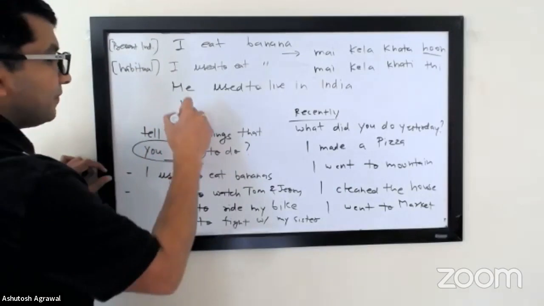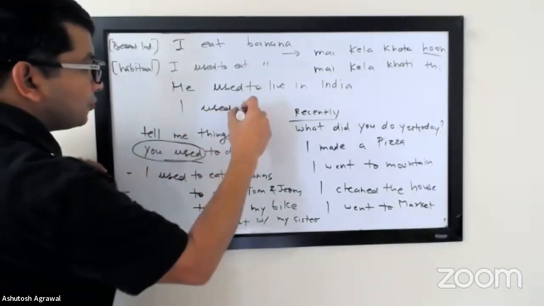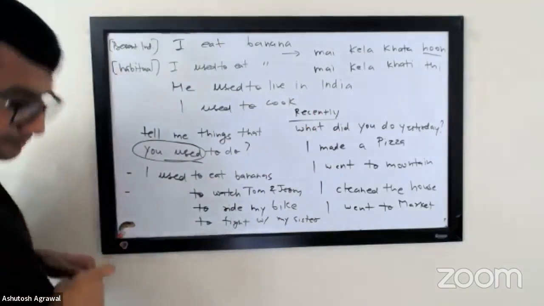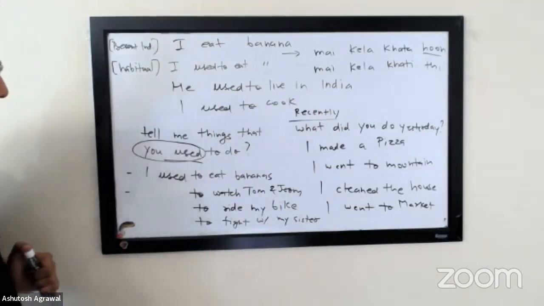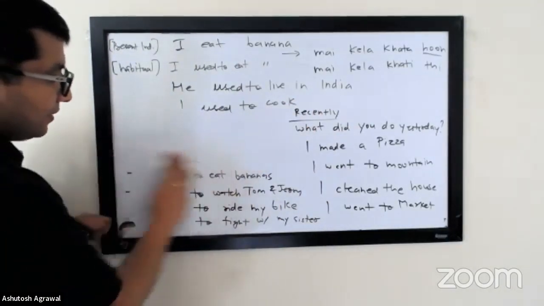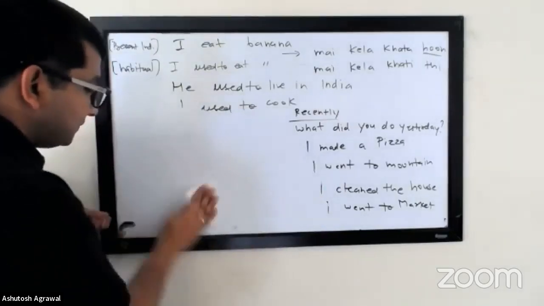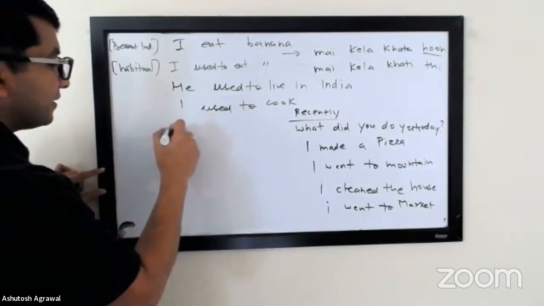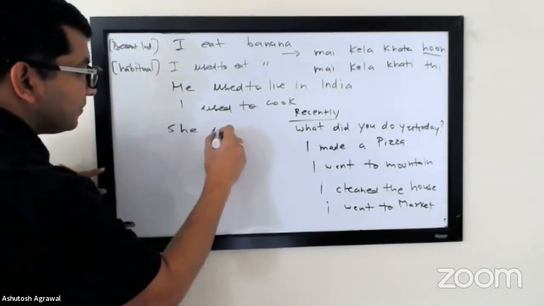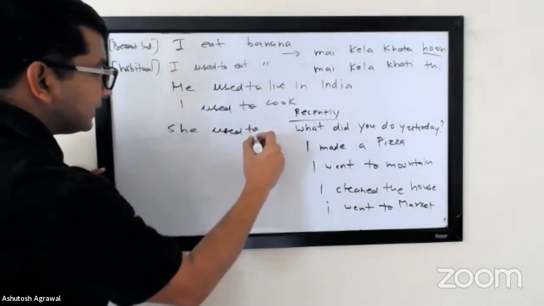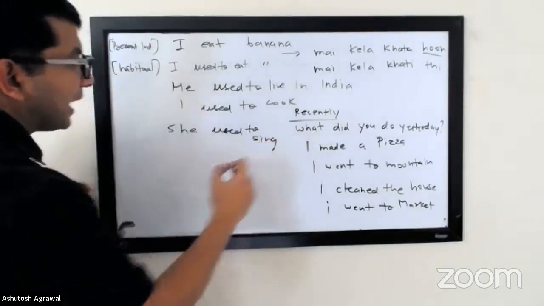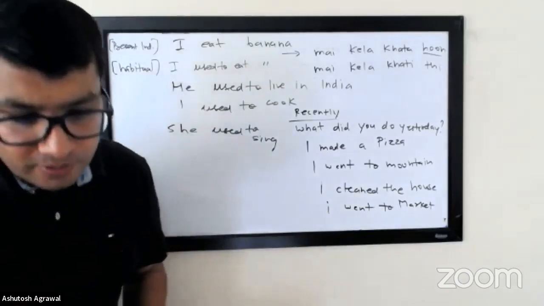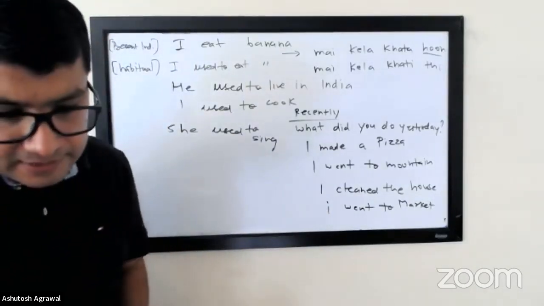Or let's say you have, I used to cook. Or you have, she used to sing. So far simple. I'm not giving complex sentences, because the idea is to show you the contrast, right? Once you know the contrast, you can make more complex sentences.